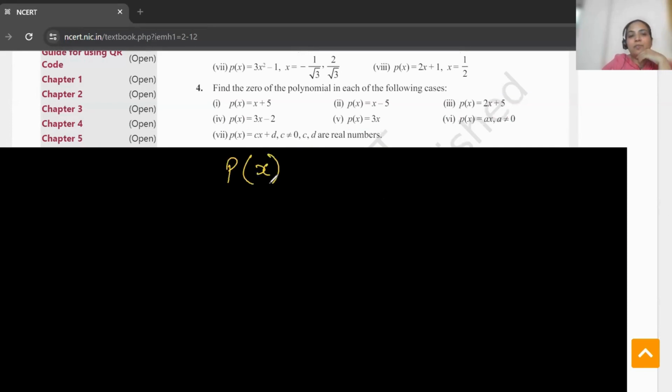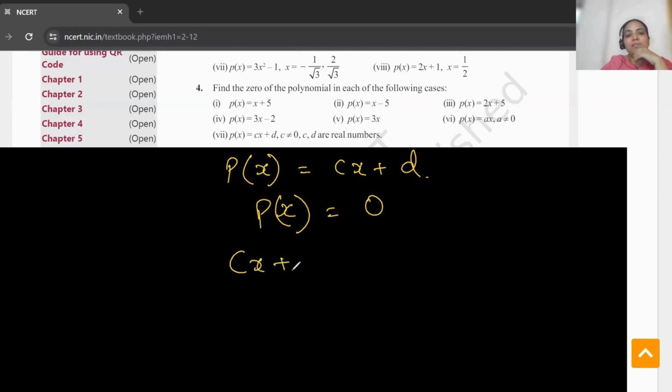They have given you p of x is equal to cx plus d, right? For finding the 0 of the polynomial, I am putting the polynomial and equating it with 0. So that means cx plus d is equal to 0 here, beta. Look, x is the variable because this is a polynomial of x, and c and d are any real numbers only.